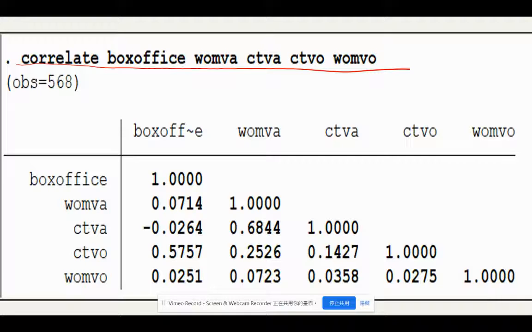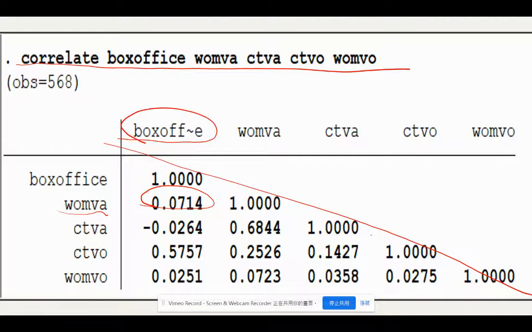It also presents the table here. There is a triangle, and this red line is box office to box office, word of mouth balance to word of mouth balance. So it is one. The correlation of a variable with itself is equal to one. And this one, for example, is the word of mouth balance correlated with box office.